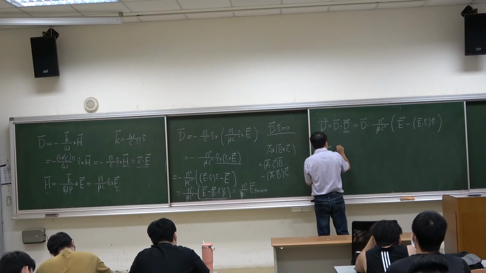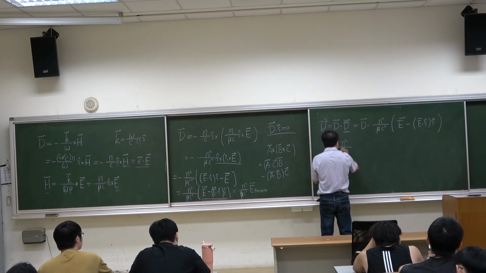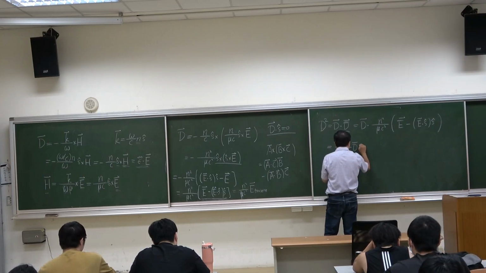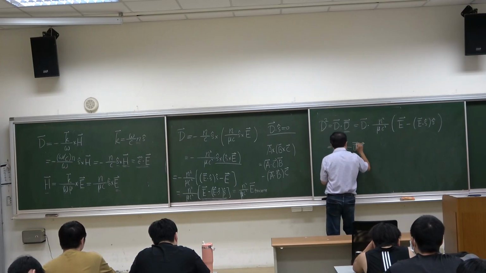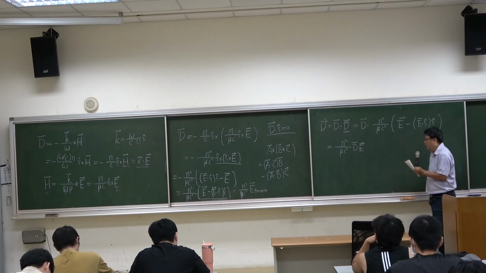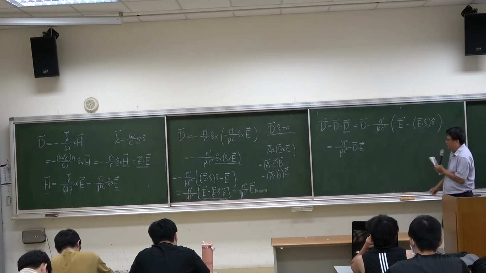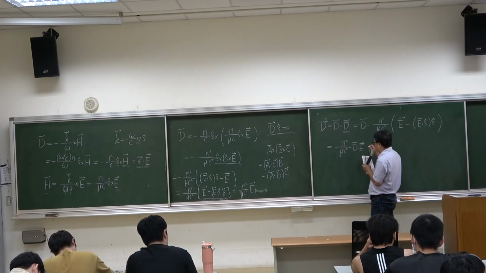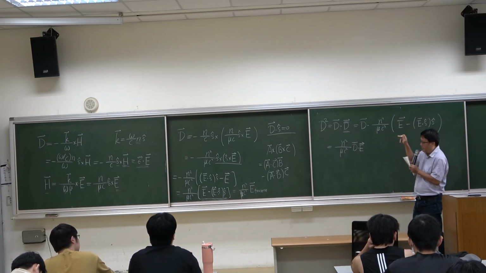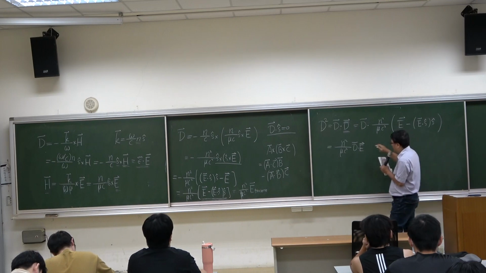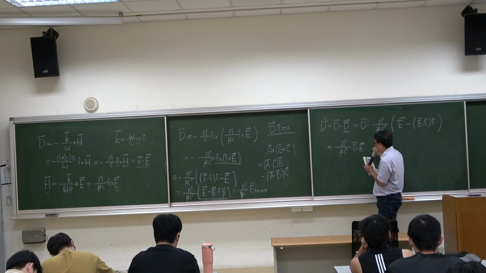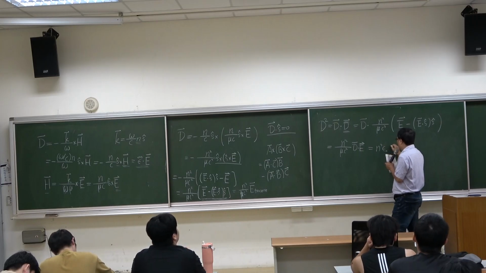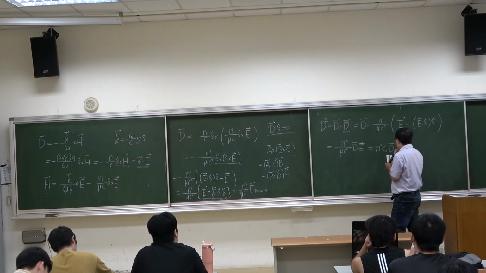So we get N squared over mu C squared times D dot E. And remember that 1 over C squared is just mu 0 times epsilon 0. And mu 0 is equal to mu, so this becomes N squared epsilon 0 times D dot E.